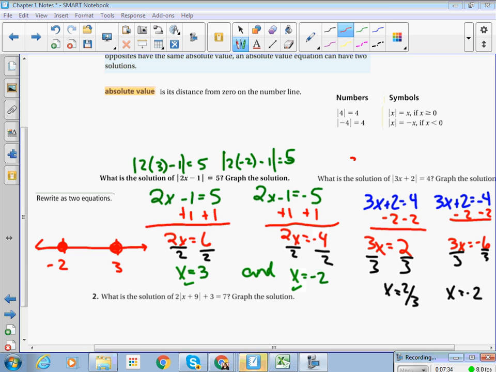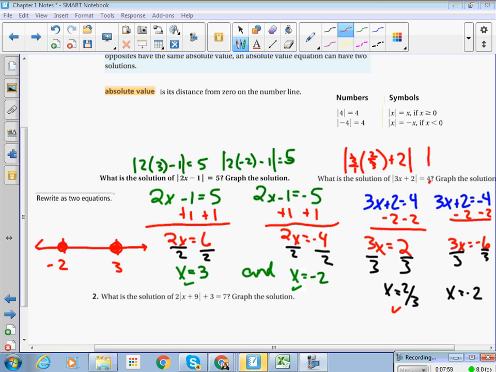So 3 times 2/3 plus 2 should equal 4. 3 over 1 times 2/3, so the 3s cancel, and I have 2. 2 plus 2 is 4, which matches, so this 2/3 checks out.